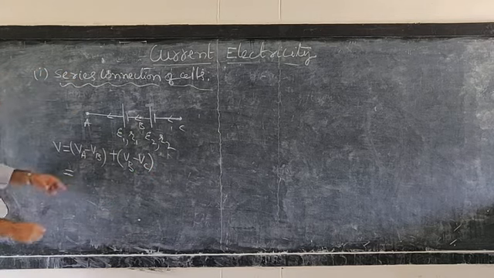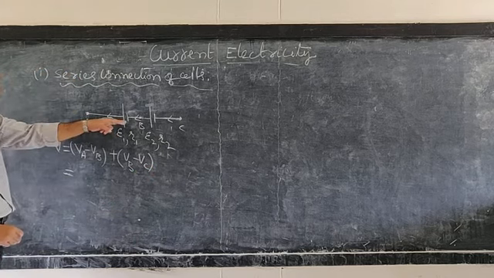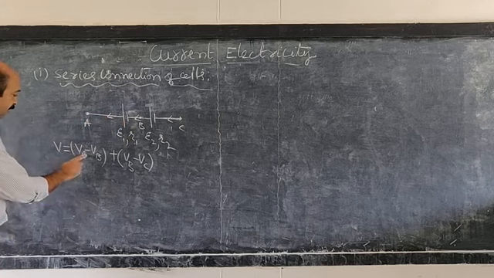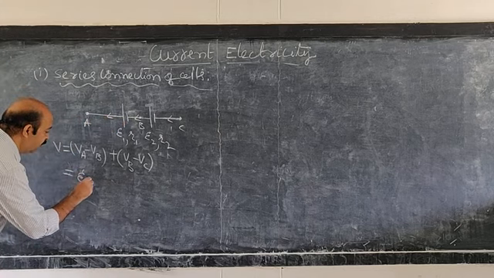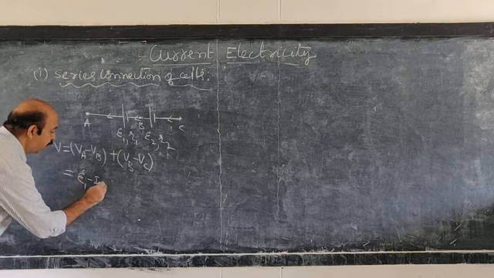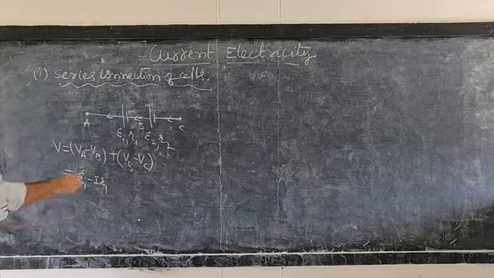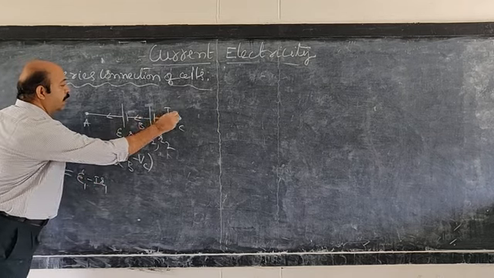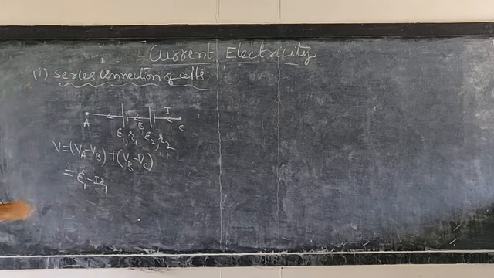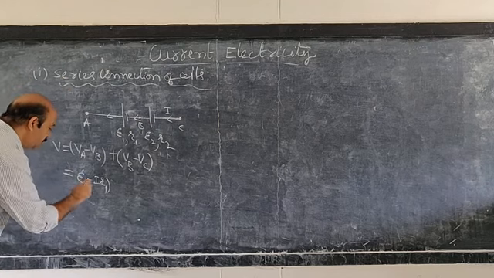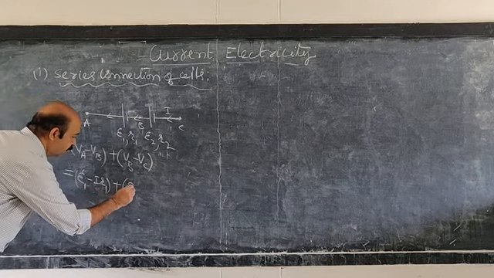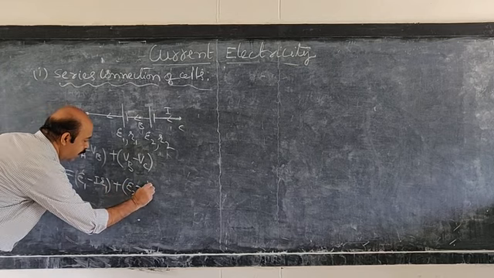Since current is flowing through a cell having internal resistance, this can be written as E1 minus IR1, where I is the current through the series combination, plus E2 minus IR2.